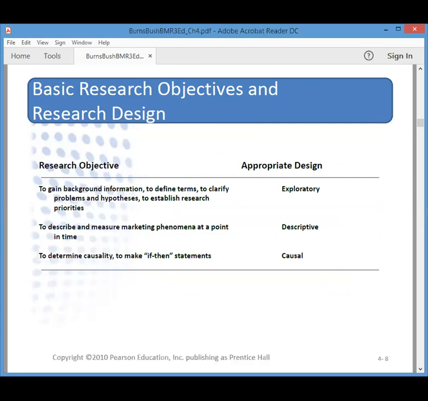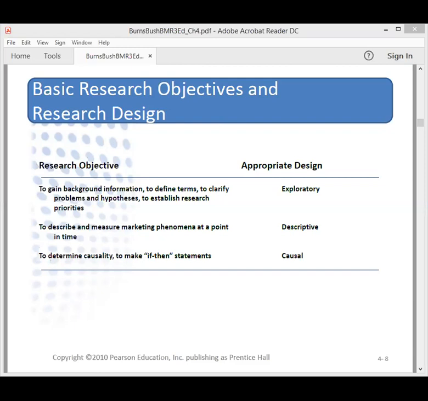With exploratory, we want to gain background information, understand the vocabulary, clarify the problems and hypotheses. For descriptive, we're going to describe the marketing phenomenon, and with causal, we're going to make if-then statements.